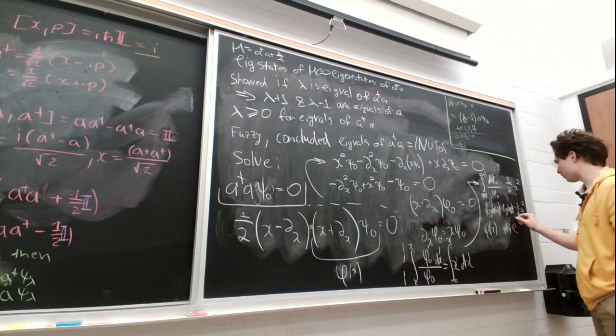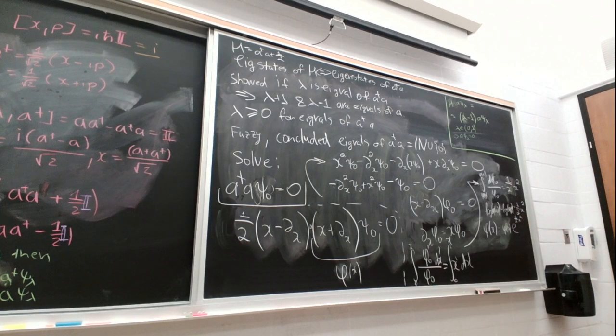Okay, let's hope that this works out. 1/2 x squared. Is that correct? Maybe. I think there has to be a minus sign somewhere. It's because it's the absolute value.